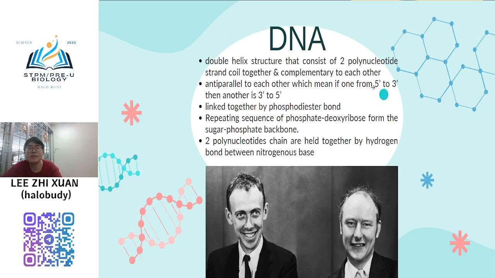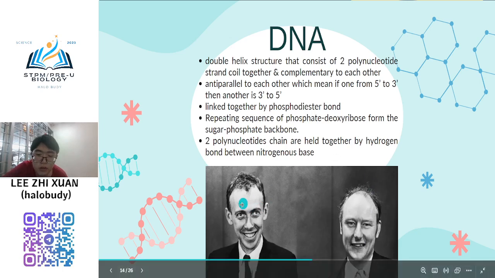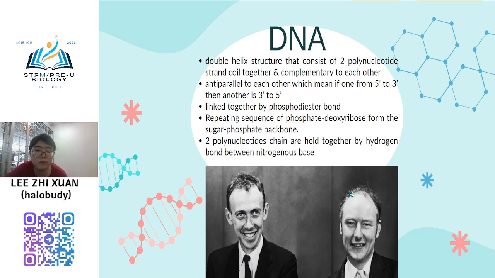Okay. So we go to DNA. This is one of the models we call the Watson and Crick model. Watson and Crick are two scientists. They proposed the structure of the DNA. These are the two scientists that discovered the structure of DNA.